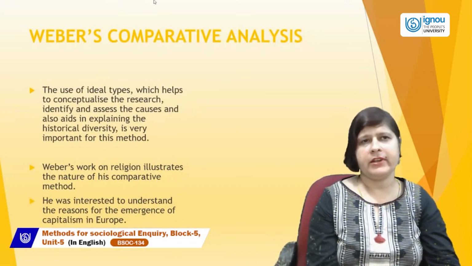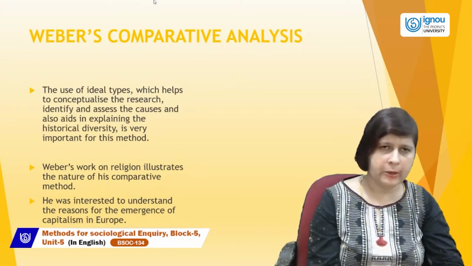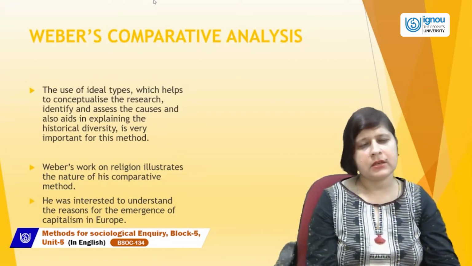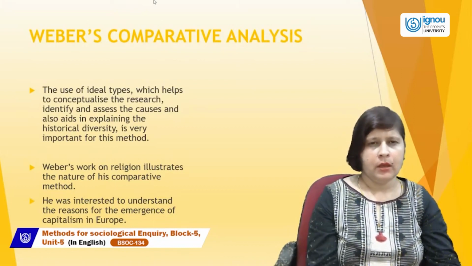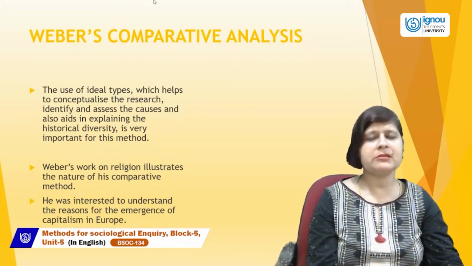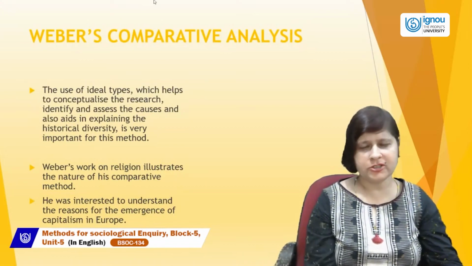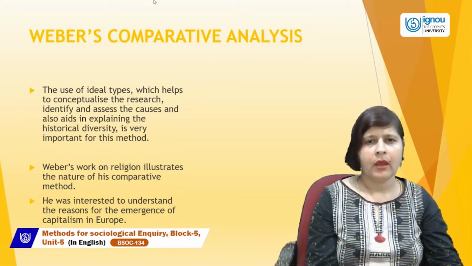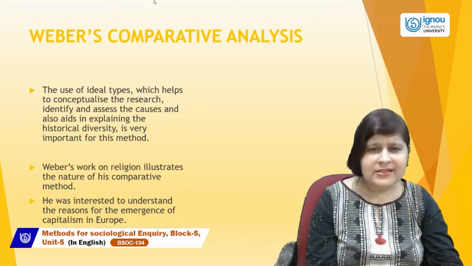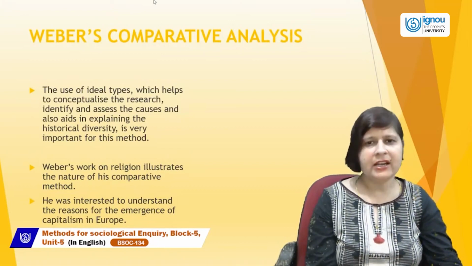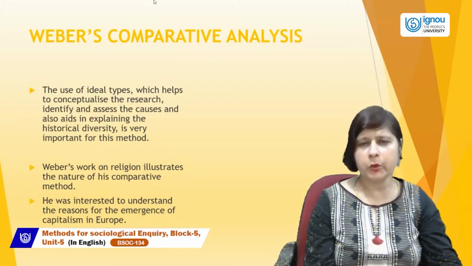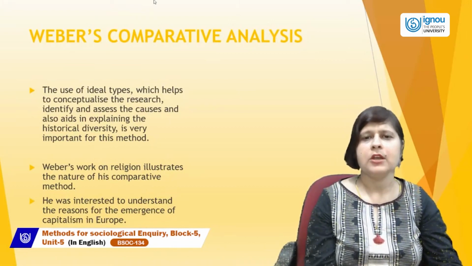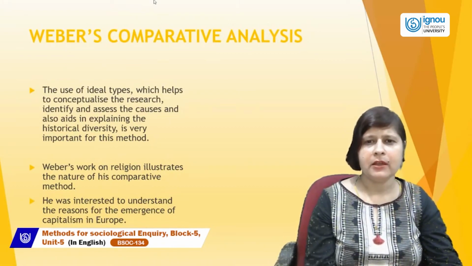Weber's comparative analysis. We discussed Weber; he is one of the important sociologists. He has given the concept of ideal type. What is ideal type? Ideal type is nothing but a tool to study and compare the various phenomena of society.